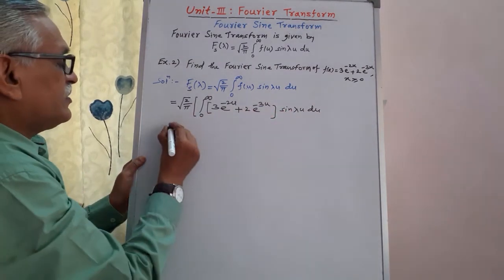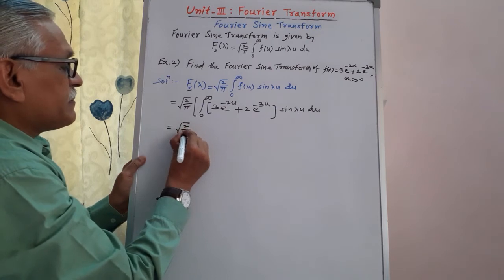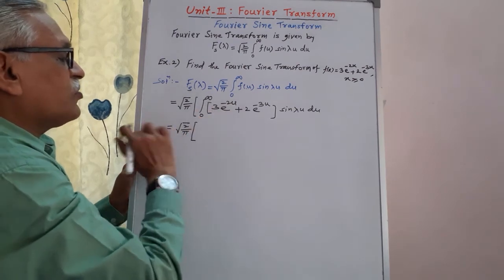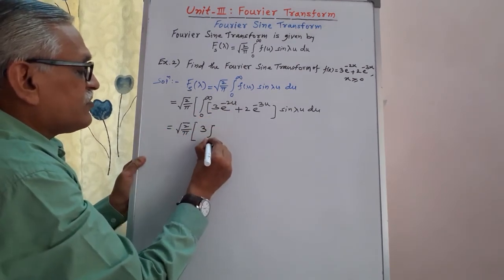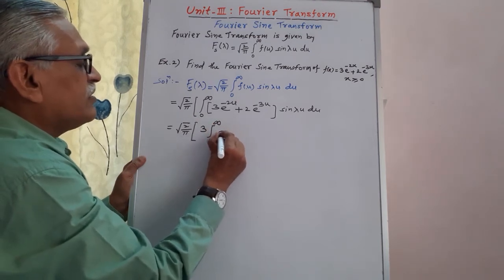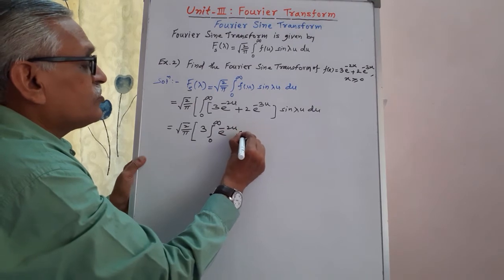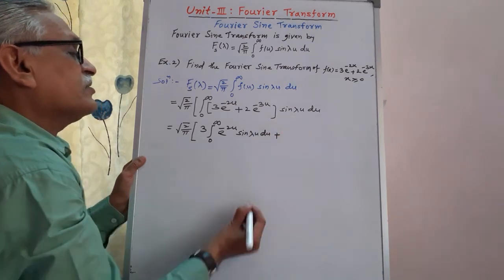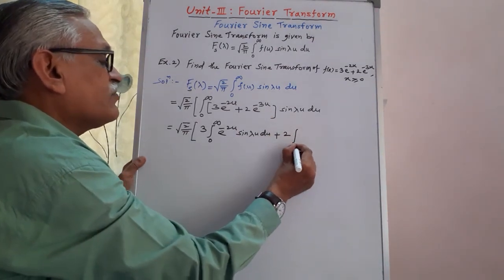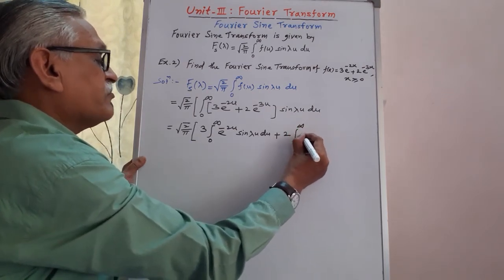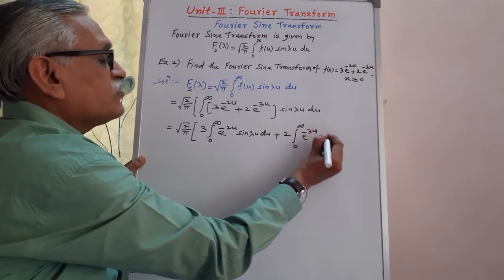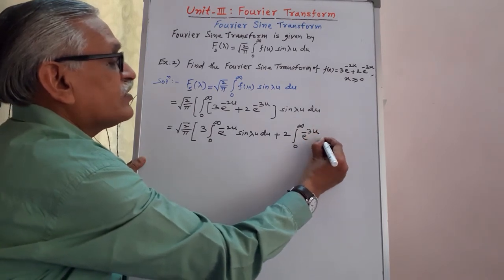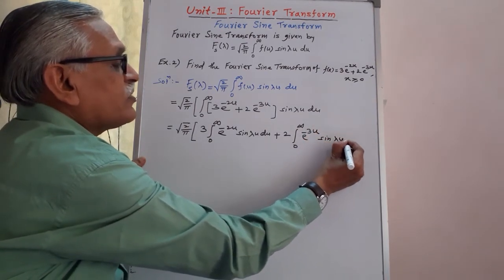Splitting this integral, it is root 2 by pi, 3 I can take as a constant term outside the integral sign, integral from 0 to infinity e raised to minus 2u sine of lambda u du, plus 2 times integral from 0 to infinity e raised to minus 3u into sine of lambda u.